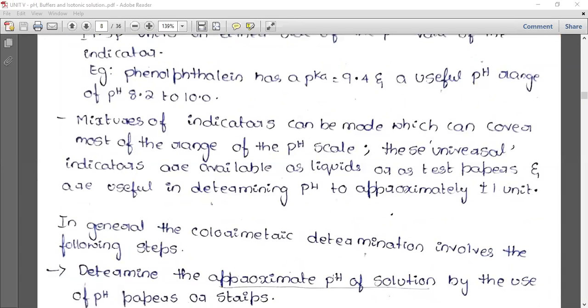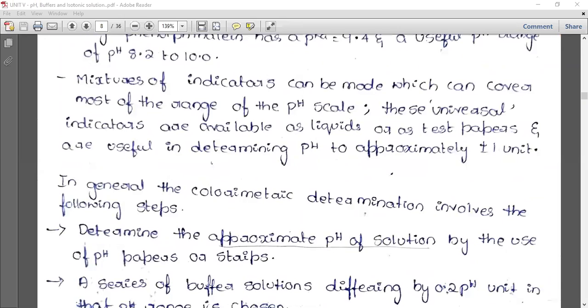Then what you do is prepare a series of buffer solutions. A buffer solution is nothing but a mixture of acid and base, and we'll study it in detail further. So just assume that we are preparing a series of buffer solutions differing by 0.2 units.